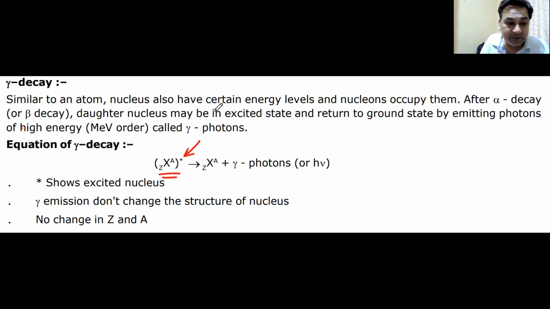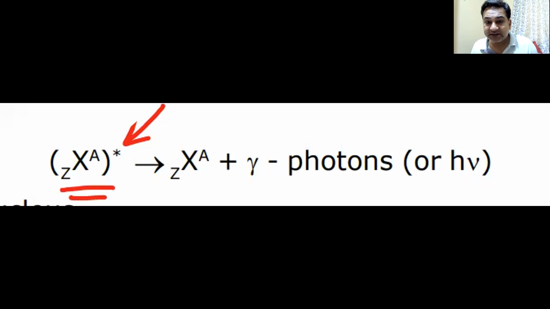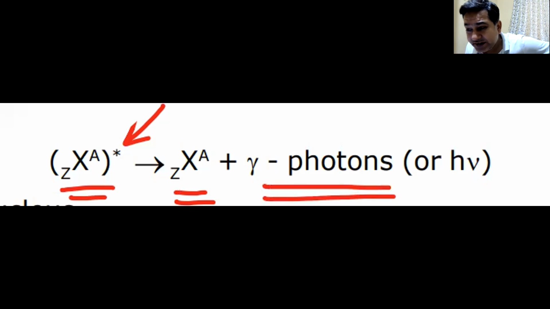It will try to come back to its ground state. So this star is the excited state, this is the ground state, and it will give out gamma photons. These are gamma radiations, which are electromagnetic radiations. The energy of these radiations is h multiplied by f. Do we understand this? Yes, sir.